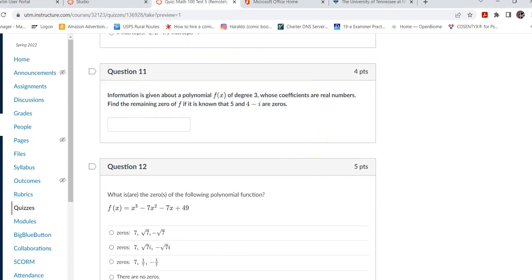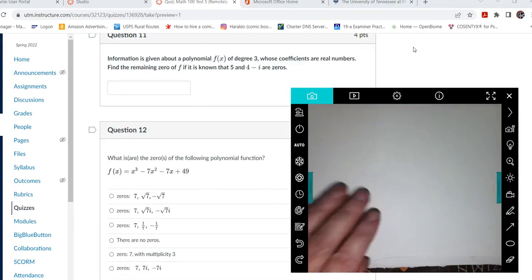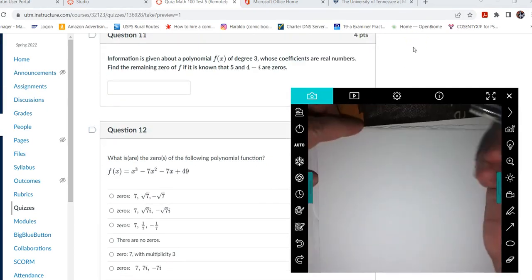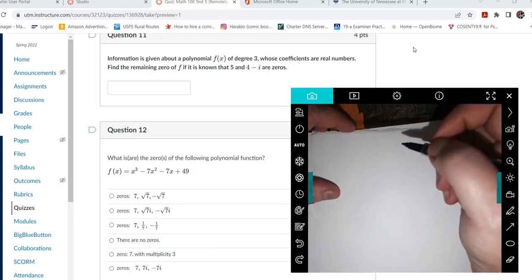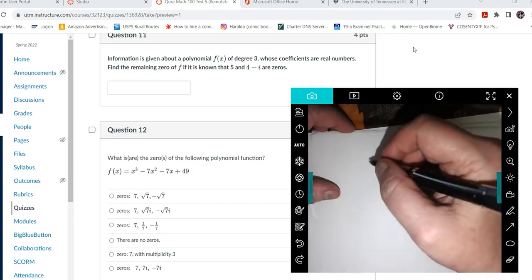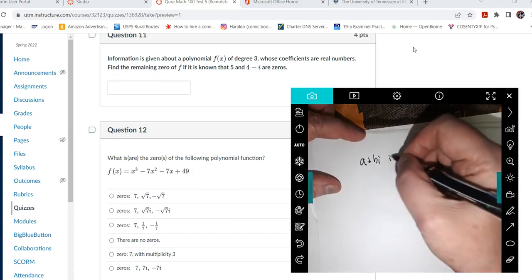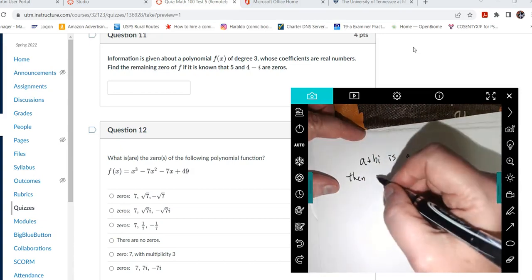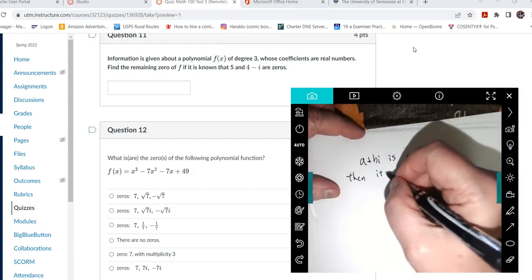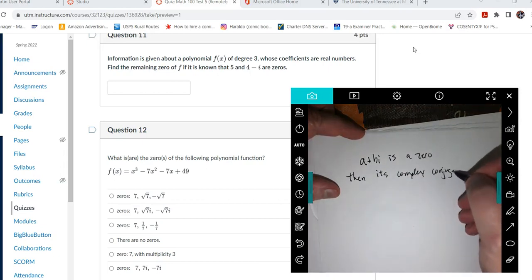Okay, all right, now, if you have a polynomial with real coefficients, and you have a non-trivial complex number as a zero, then its complex conjugate is also a zero.